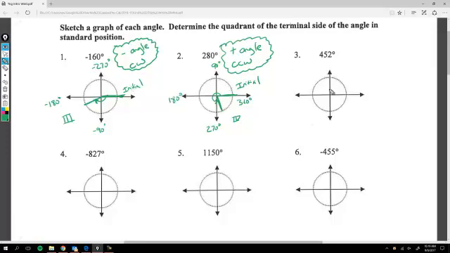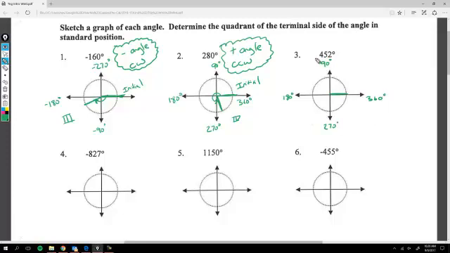Now what happens if we have a really big angle? You'll notice this is bigger than 360 degrees. All that means is I'm going to go around my circle more than once. So again, we'll start on the positive x-axis. I know that if I go straight up, it's 90. Flat is 180. I go down, it's 270. And if I go full circle, I went 360 degrees.